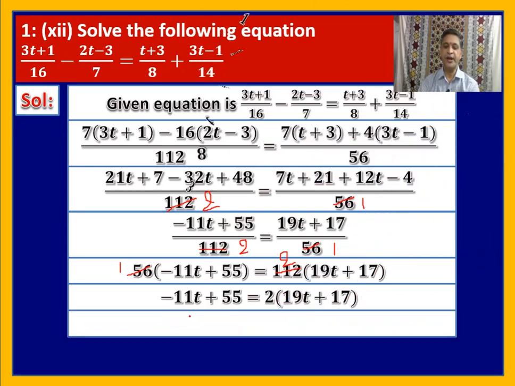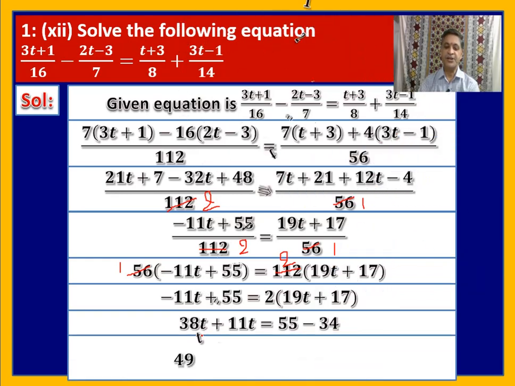By multiplication you get minus 11t plus 55 is equal to 38t plus 34. Sending variable to one side, 38t minus 11t, you get 49t is equal to 55 minus 34. So by simplification 49t is equal to 21. t is equal to 21 by 49, that is 3 by 7.